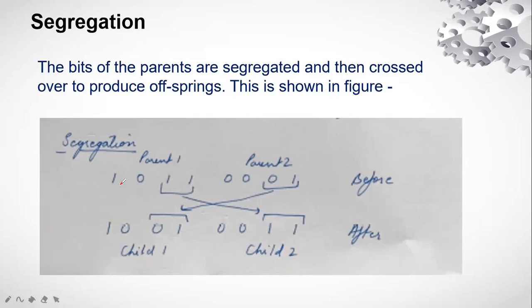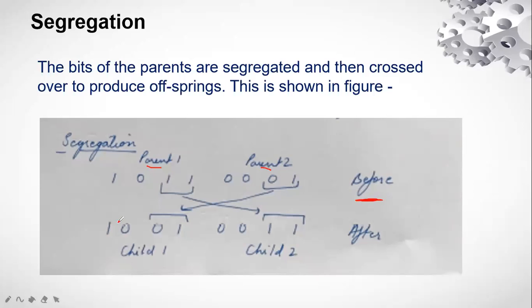So how we are going to do it? Let's say we have a string of chromosomes of parent 1, that is 1011, and parent 2 has 0001. So this is before segregation. This is the actual one, that is, before segregation.